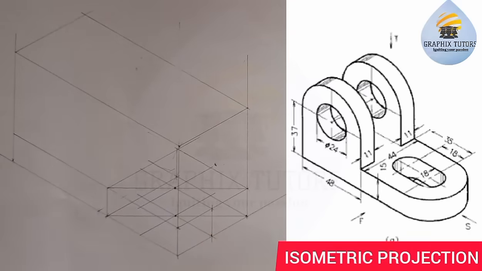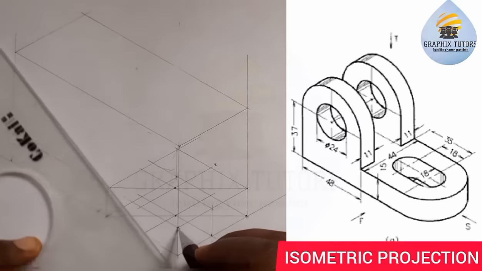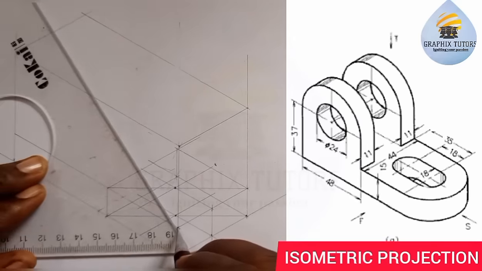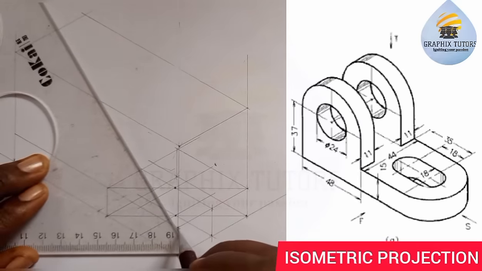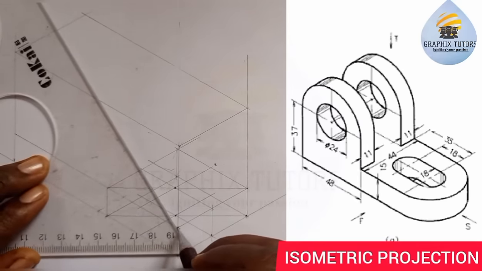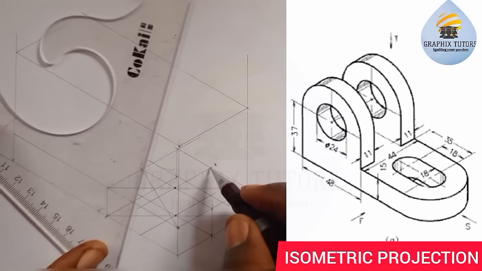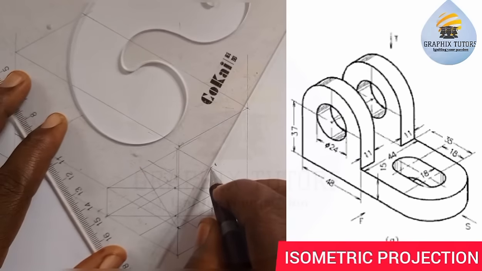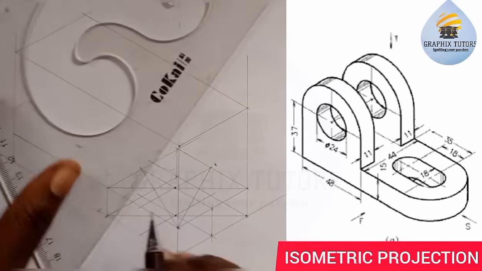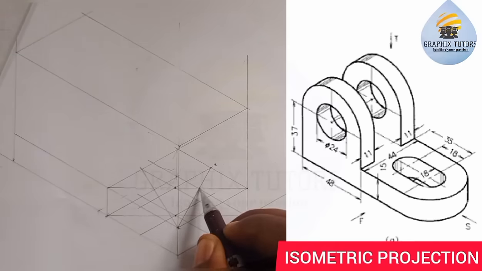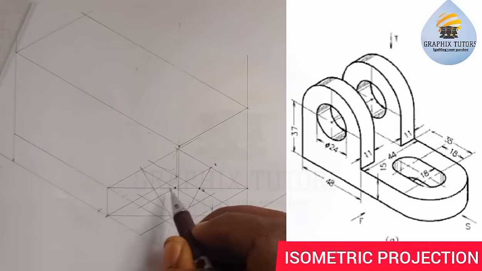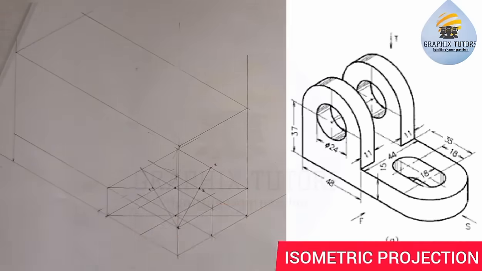So what we'll do next is from the end point here, I'll draw a line that will go and touch this here. You can see that? If I draw it this way, touching here, I'll come here too from this point also. I'll draw another line, come here to touch here.